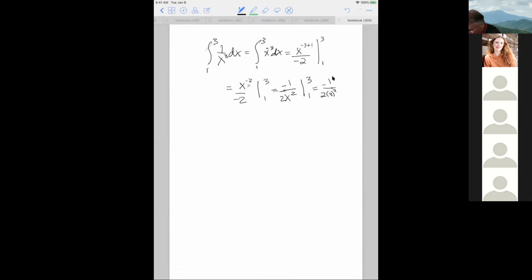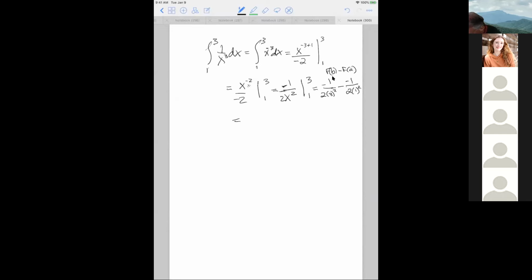That is cap F of b minus cap F of a. I need that minus sign from the formula, so the minus sign on the term here has to show up in there. So I've got minus 1 over 2 times 1 squared.